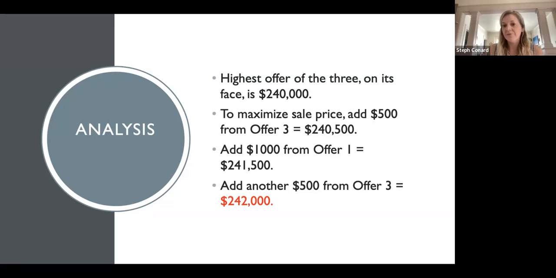And remember, offer number one, you could only escalate once. So now we get a potential purchase price of $241,500. Now, because offer number three has the ability to bump more than once with those $500 increments, we can add another $500 from offer number three and get to $242. Ugly, right?